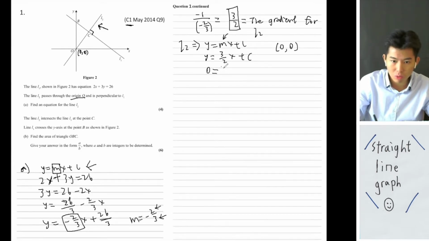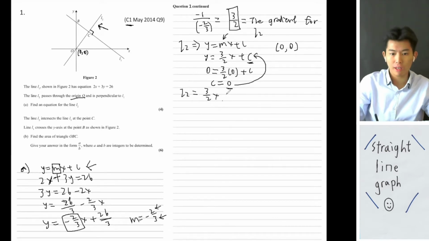So 0 equals 3 over 2 times 0 plus c, and therefore c would be equal to 0. The final equation for line number 2 would be, just substitute this c back in, 3 over 2x, and here would be the answer for part A.